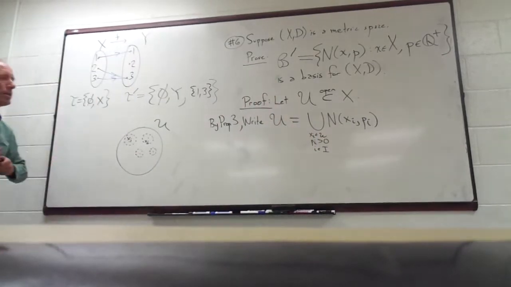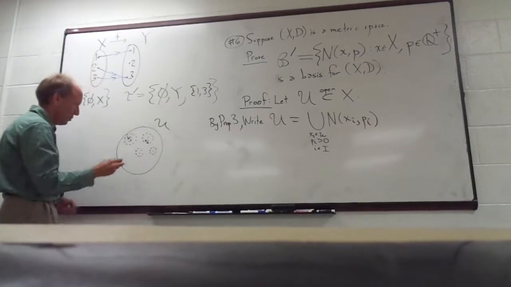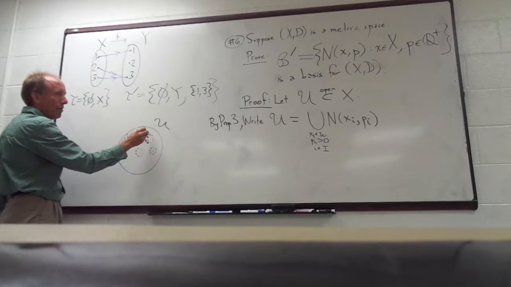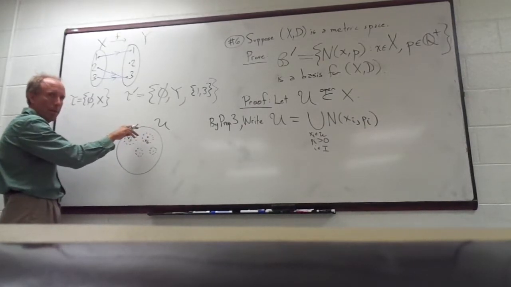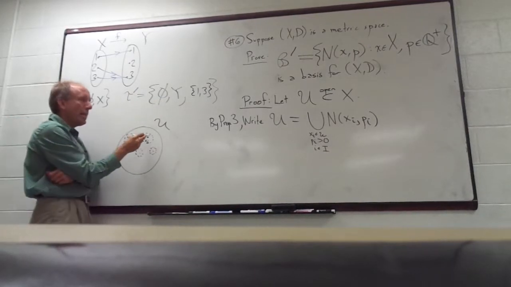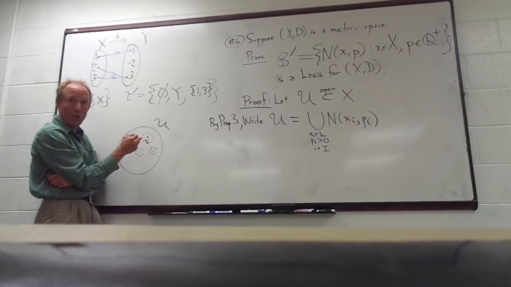So one thing you can do is take each element of U, right, and draw a neighborhood around it that stays inside of U. And U is the union of all of those. Problem is the radii might not be good. The radii might be irrational.